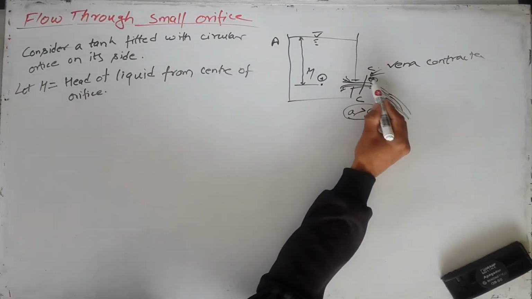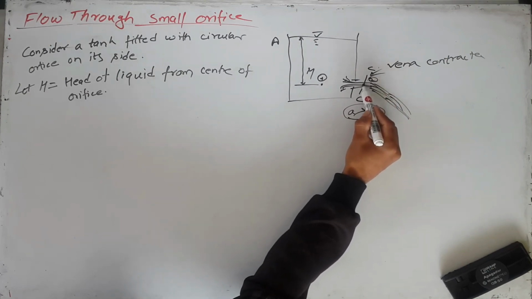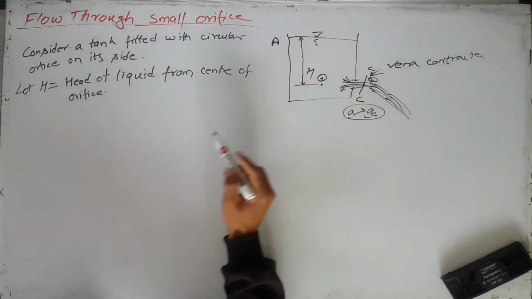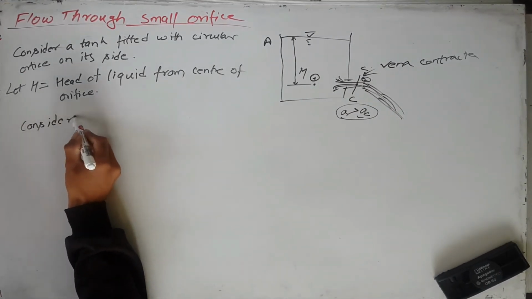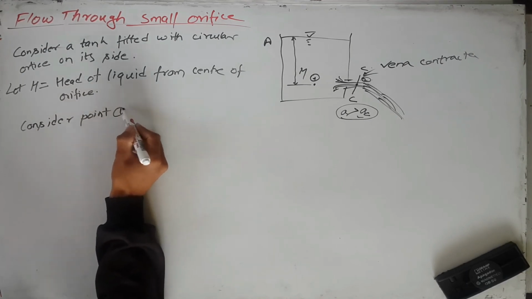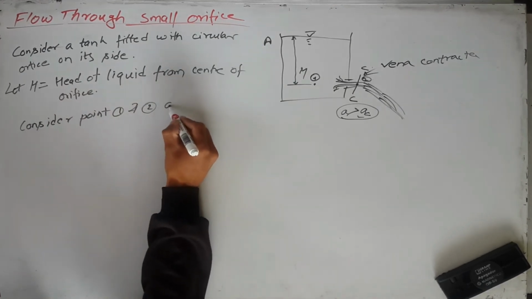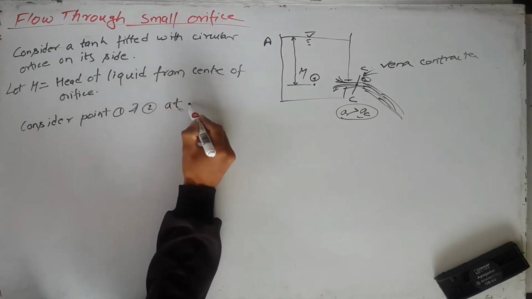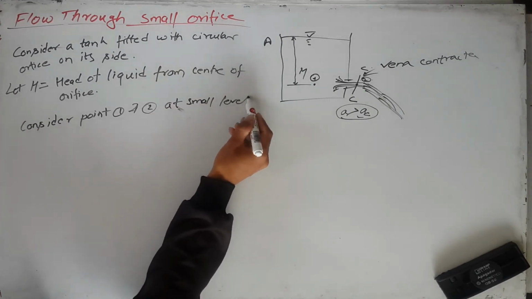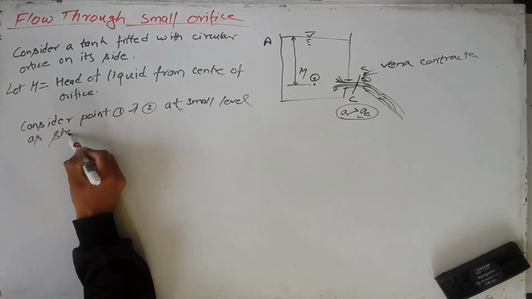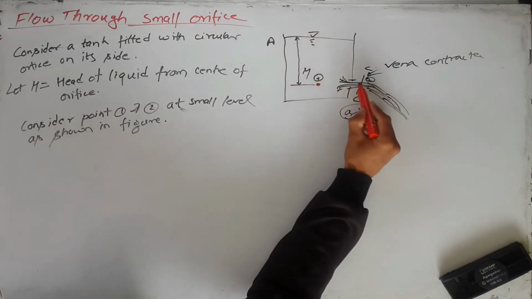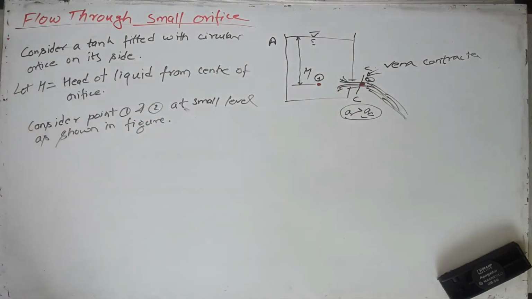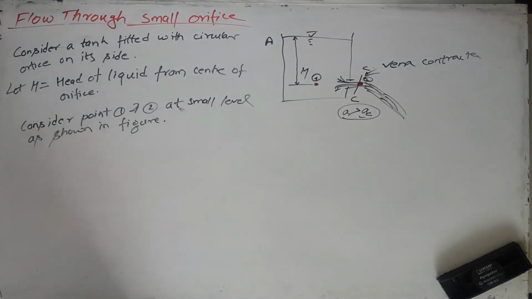We consider point 1 here, and we consider point 2 at the vena contracta at the same level. Here this is point 1 and this is in level with point 2. These are on the same level.